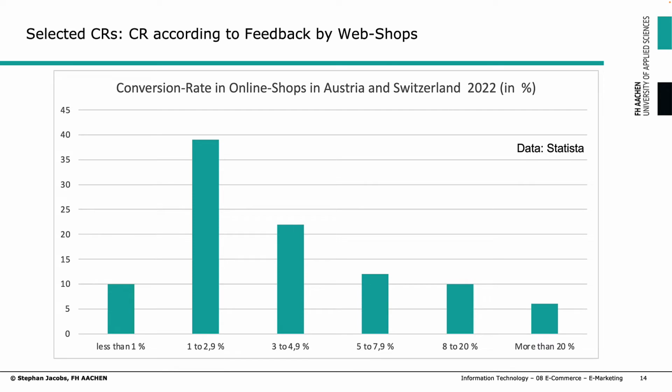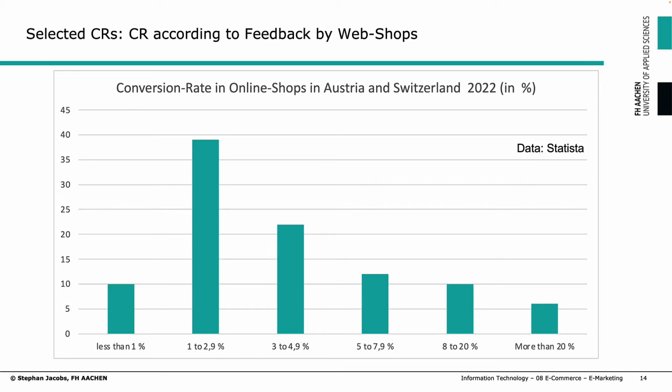Here we have conversion rates by feedback from webshop owners. This statistic is maybe hard to read. What you cannot derive from it is that there are conversion rates up to 40%.